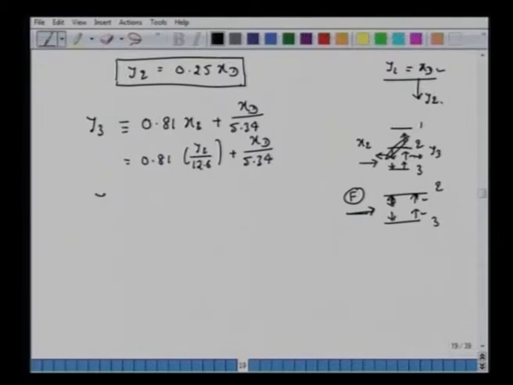So now y3 is 0.81, and y2 is given in terms of xt. So we can substitute here 0.25 xt over 12.6 plus xt over 5.34. So now we have another expression, y3 as 0.20 xt.